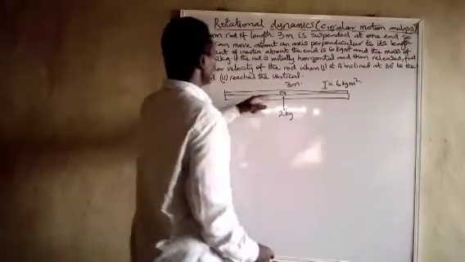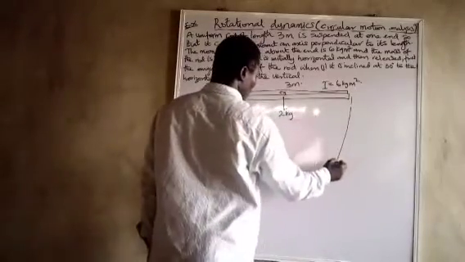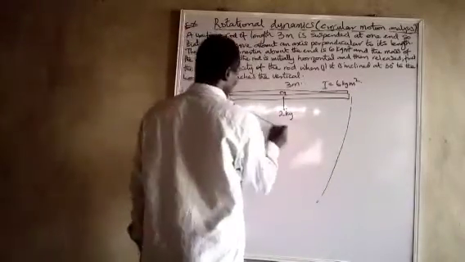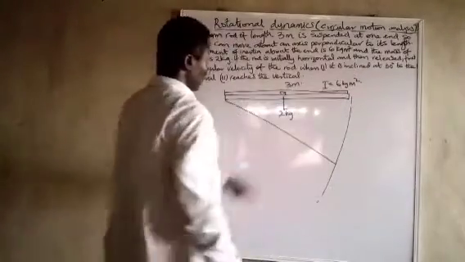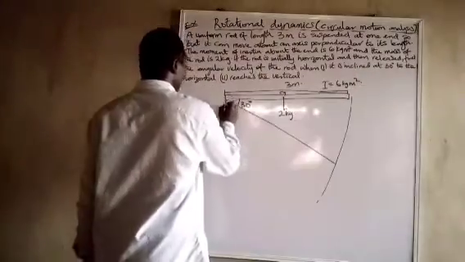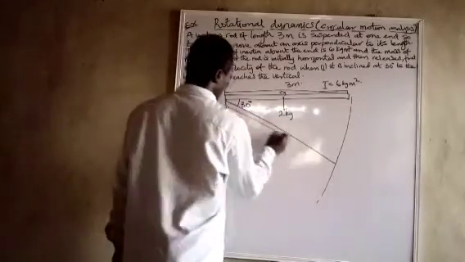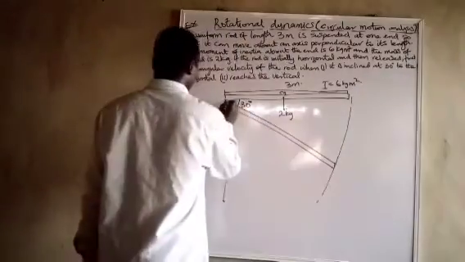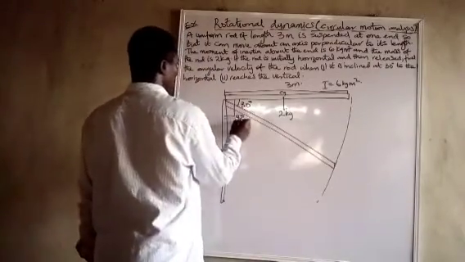And then we are told that it is now released to move. We are asked to find the angular velocity when theta is 30 degrees and when it is vertical, that is when it is 90 degrees.